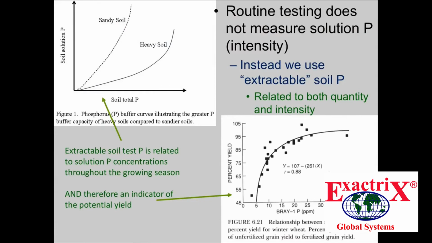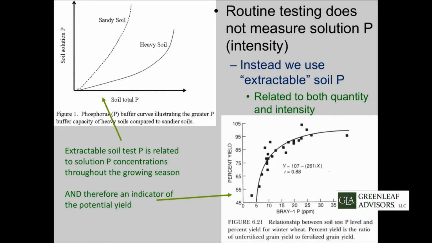Your Mehlich 3s, Mehlich 1s, Brays, Olsens, Morgan, and they were brilliantly designed, I might add, in order to create an index value of phosphorus that is related to both the quantity and the intensity of phosphorus in that soil. In other words, the extractable soil test phosphorus is related both to the solution P concentrations and the ability of that soil to keep replenishing it throughout the growing season.